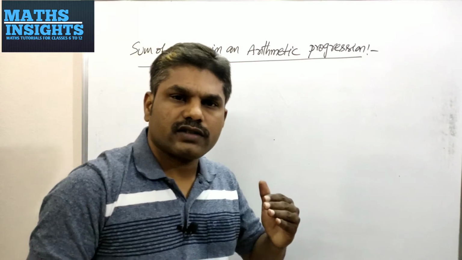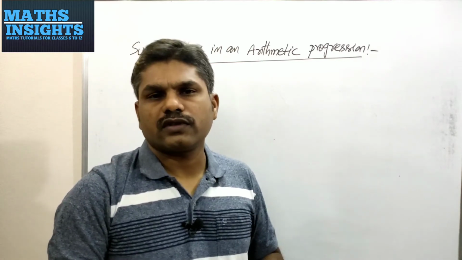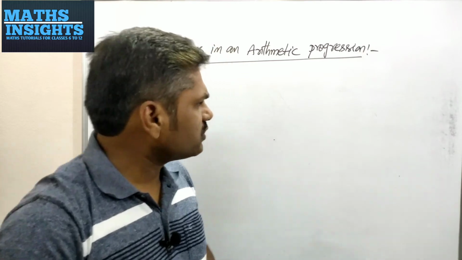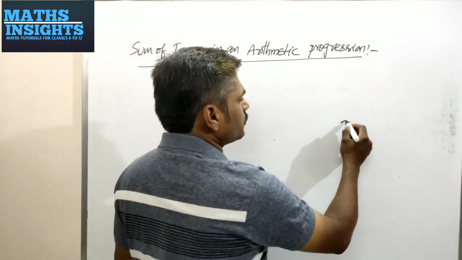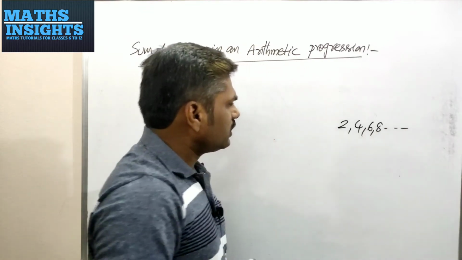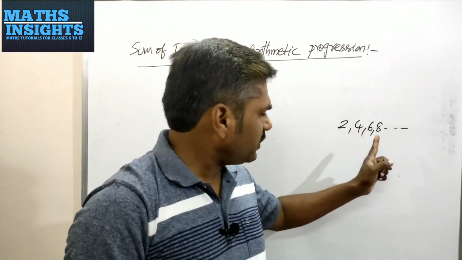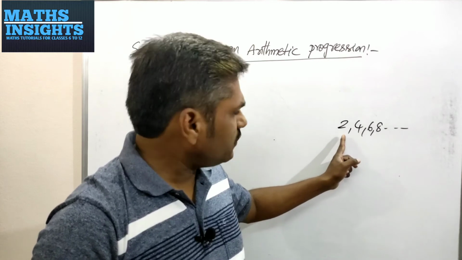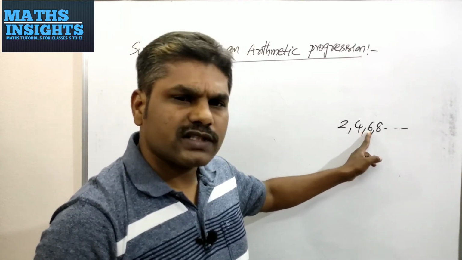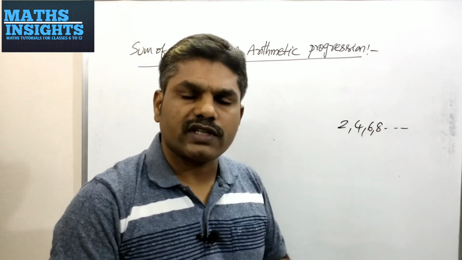How to find the sum of terms in a given arithmetic progression. Suppose they have given you 2, 4, 6, 8 and so on, these are 4 terms of an AP. You can easily find the sum of these 4 terms. 2 plus 4 is 6, 6 plus 6 is 12, plus 8 is 20.